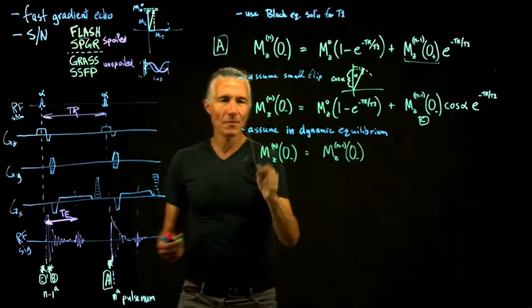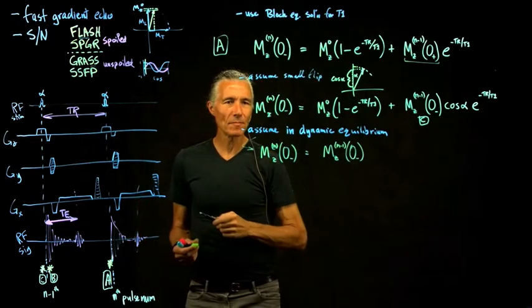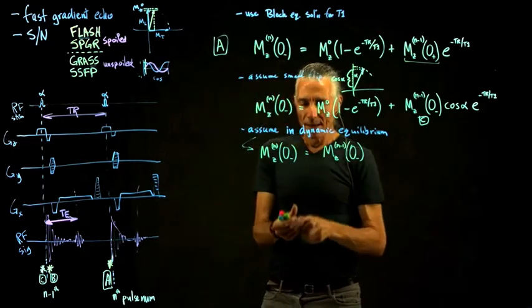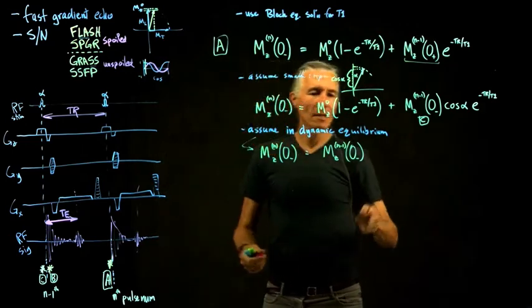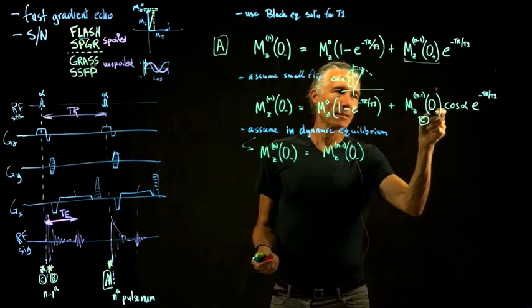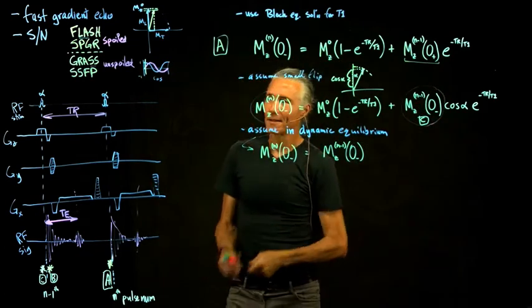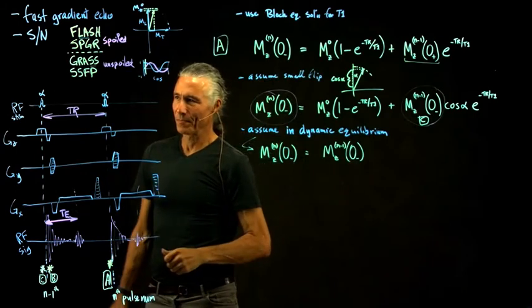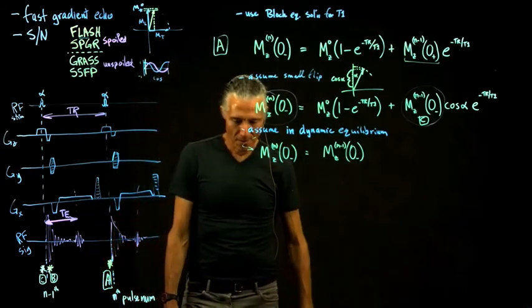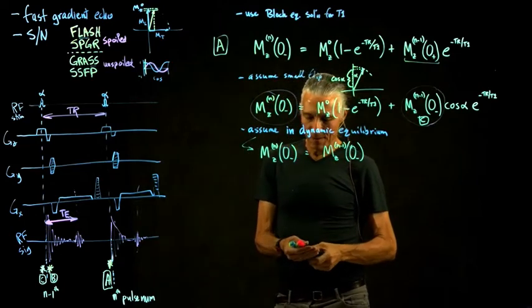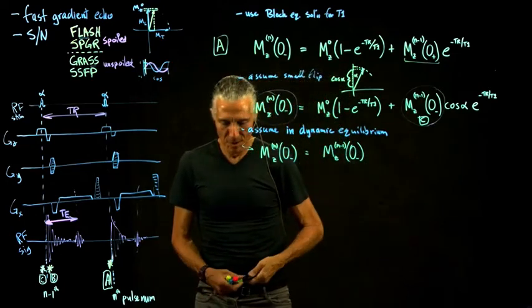So that's the meaning of assuming we're in dynamic equilibrium. So now we can just say this number and this number are the same. We don't know what they are, but they're the same. And so it's a good exercise to do the simple algebra that will give you the next equation.